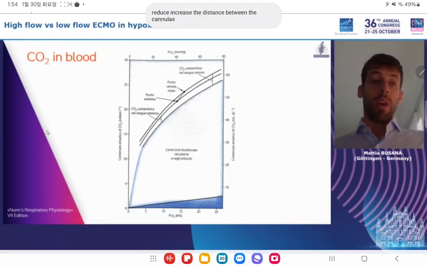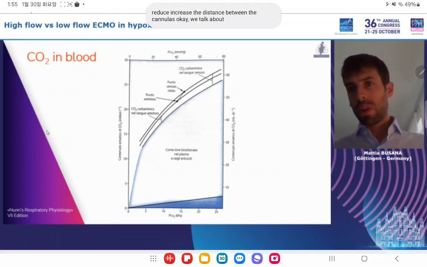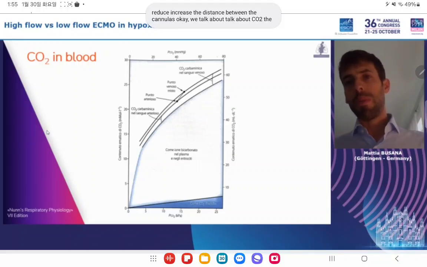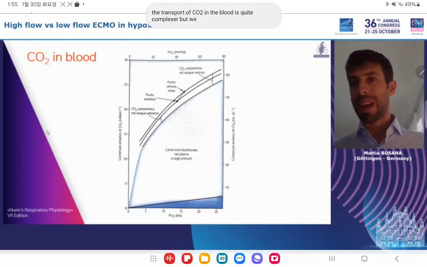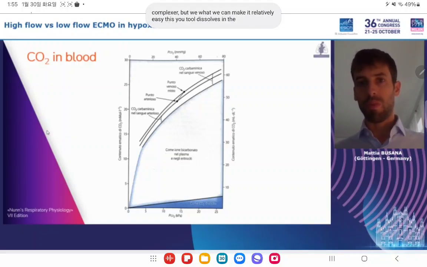Okay. We talk about CO2. The transport of CO2 in the blood is quite complex, but we can make it relatively easy. CO2 dissolves in the blood much more easily than oxygen. That's why we don't need a carrier for CO2.